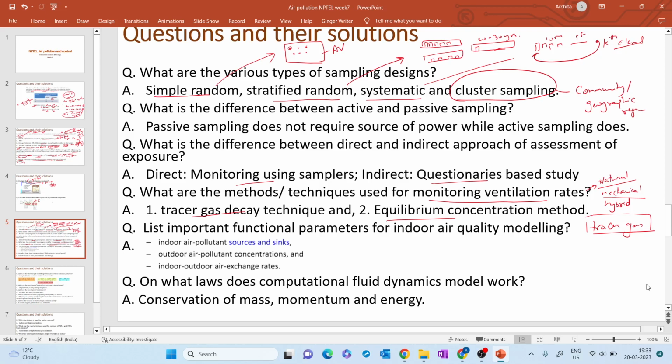If I use gases like oxygen, nitrogen, or carbon dioxide, then you cannot identify how much gas I have input into the house, or how much gas has entered. So tracer gases are always gases which are not present in the atmosphere. Both techniques work on the tracer gas method.